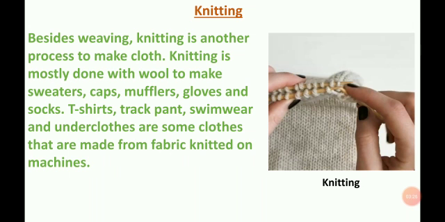Children, I am sure that you all have seen your mother or grandmother knitting with knitting needles at home. Knitting is also done by hand as well as by knitting machines. T-shirts, track pants, swimwear, and underclothes are some clothes that are made from fabric which is knitted on machines.